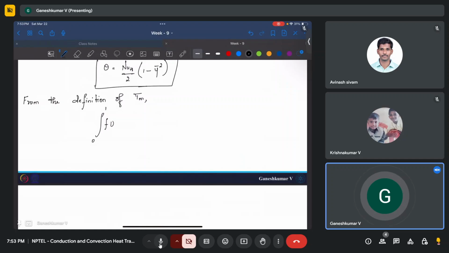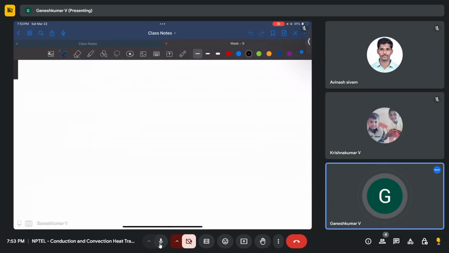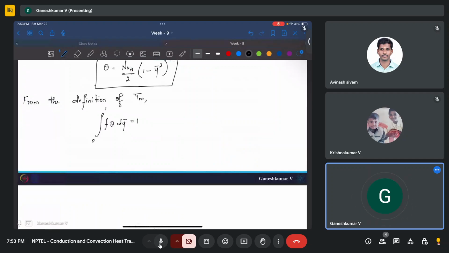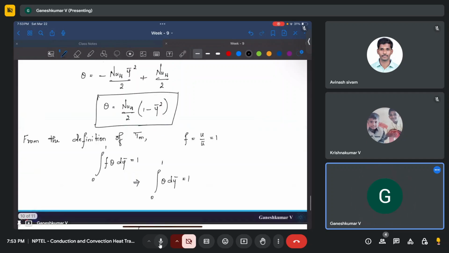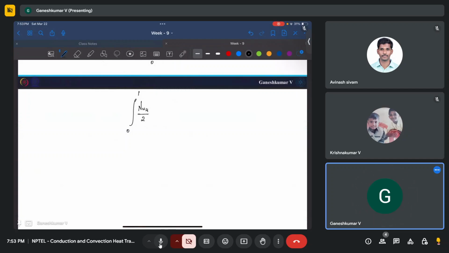It's going to be integral of f times theta dy bar equal to 1. This is one of the conditions that you need to satisfy, from the definition of Tm. Now f is u by u bar, which is 1 for us, and theta we already found. So if we substitute that, integral of 0 to 1 theta dy bar is equal to 1. Now integral of 0 to 1 of Nu_h by 2 into 1 minus y bar square dy bar is equal to 1.